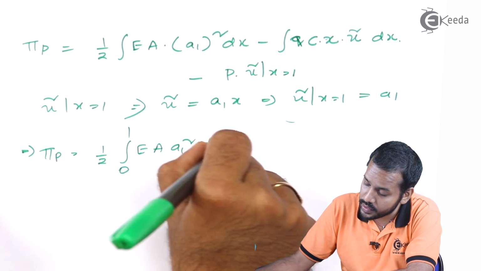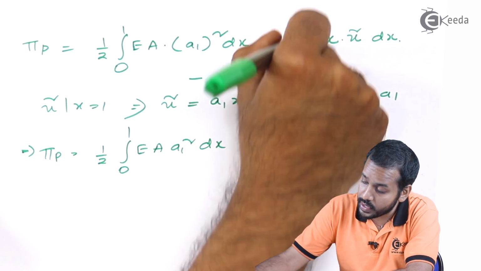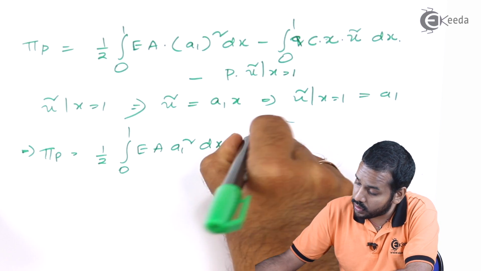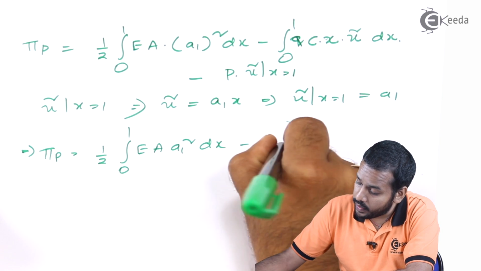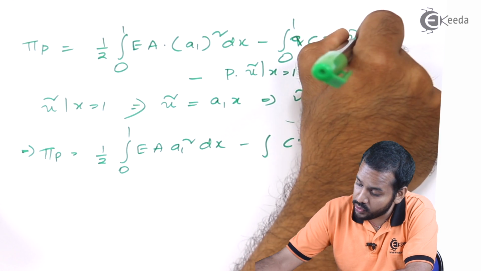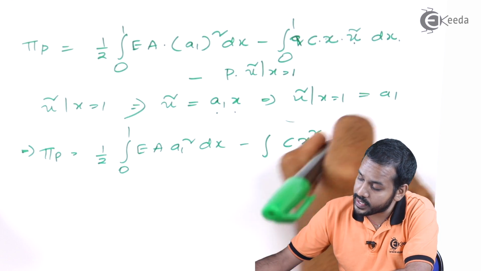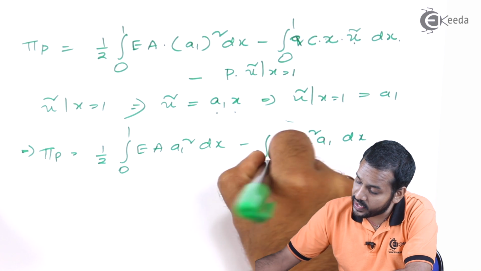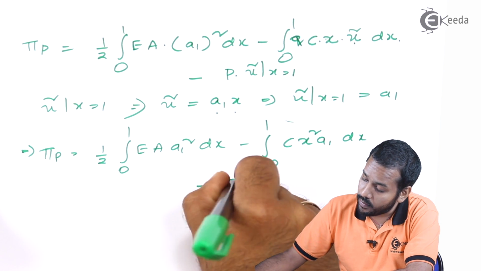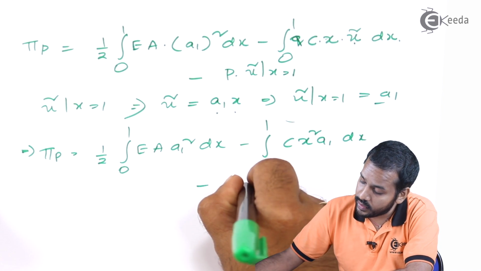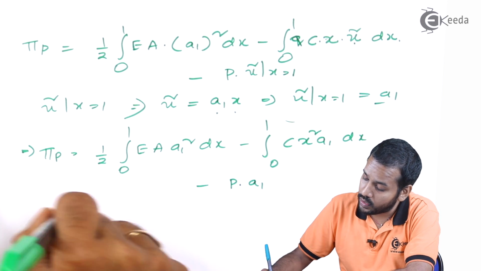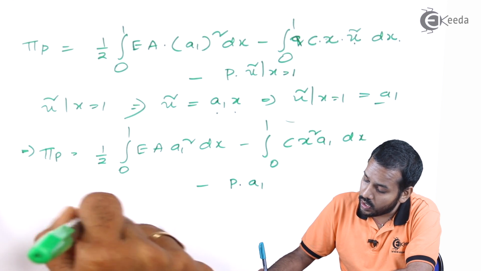Limits are important, 0 to 1. Limits are 0 to 1 minus integral cx into what is u tilde? u tilde is nothing but a1x, a1x square into dx. This is also from 0 to 1, minus P into u tilde at x equal to 1 is a1. So this can be written as half.